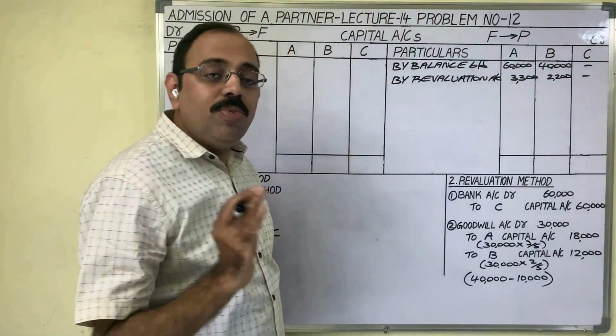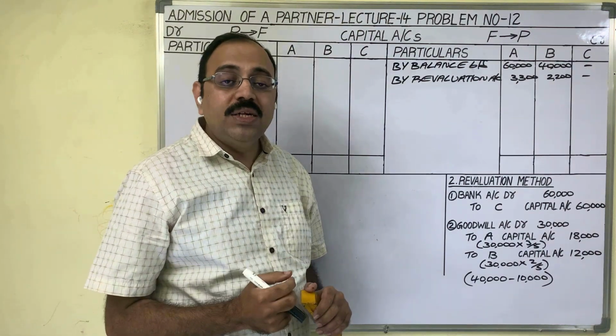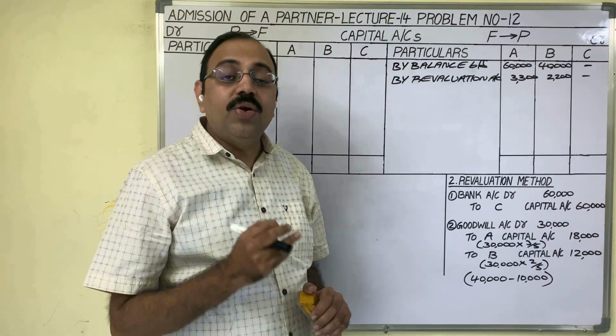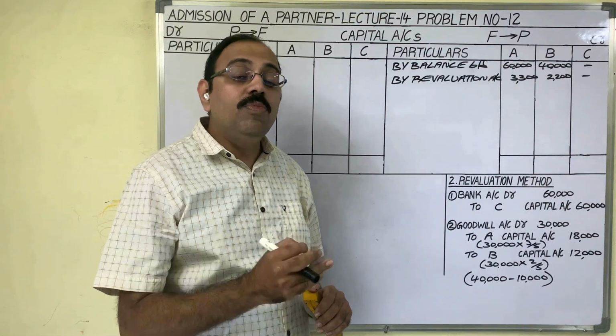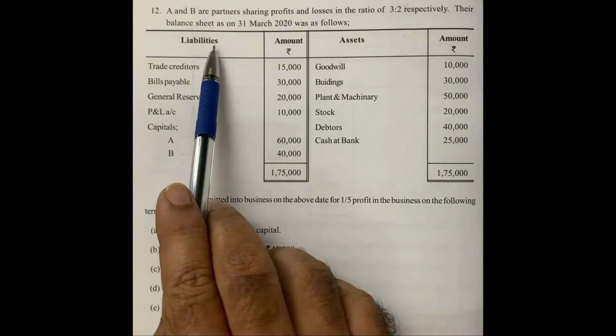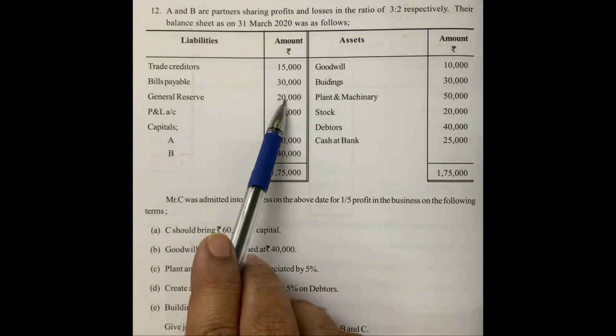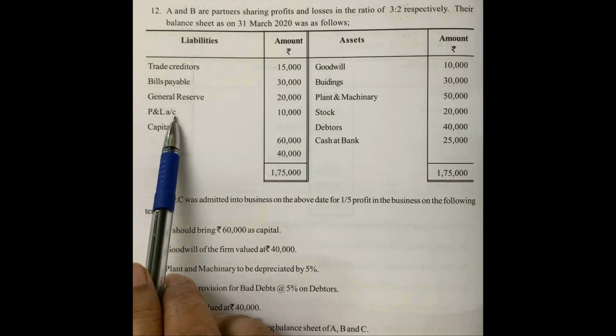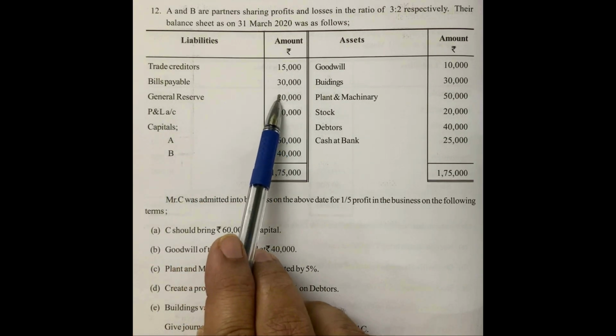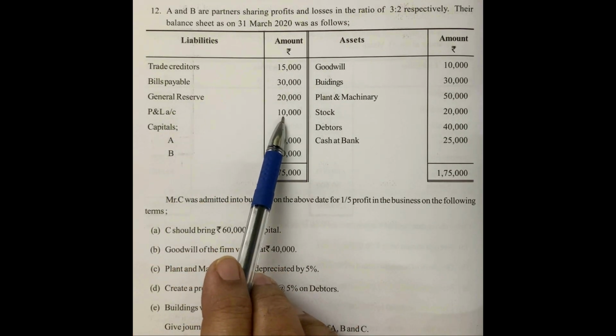Next, come to accumulated profits. In the old balance sheet, on the liability side, we have to observe whether any accumulated profit is given or not. In the question, on the liability side, he has given general reserve 20,000 and profit and loss account 10,000 rupees. These two are known as accumulated profits.